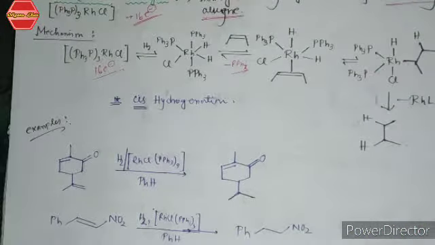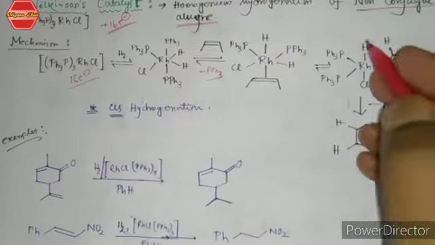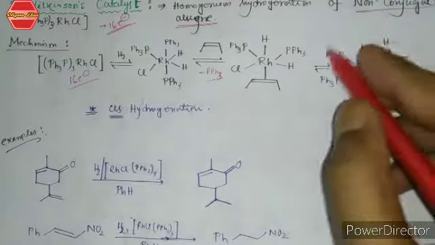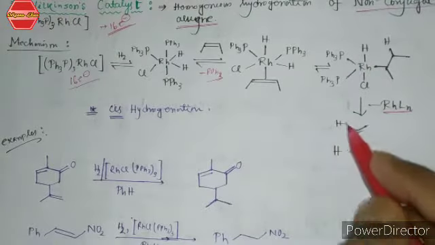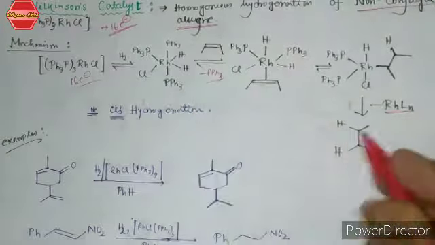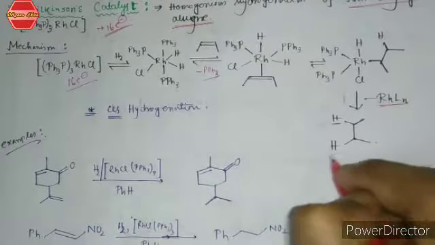Then there is a final leaving of this whole part, H rhodium Ln, where Ln means the overall ligand part, and you get the final hydrogenation product of this alkene. This hydrogenation product is always cis. Cis hydrogenation always takes place.